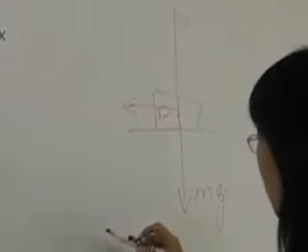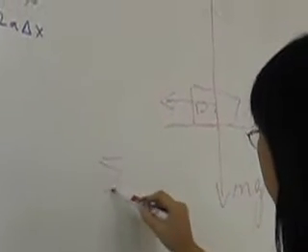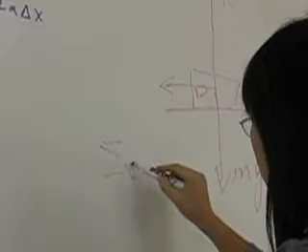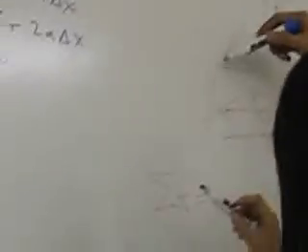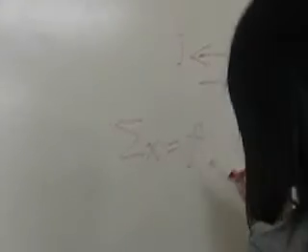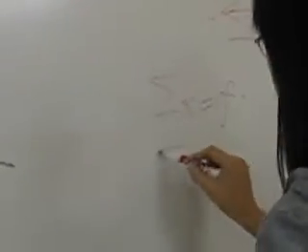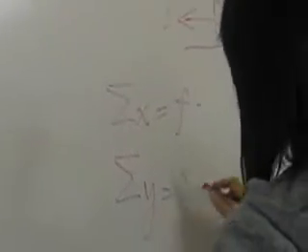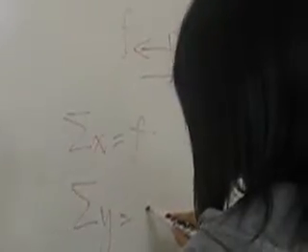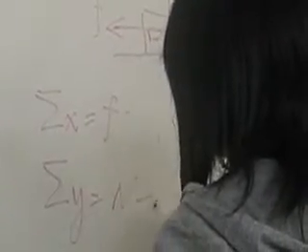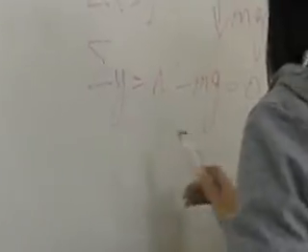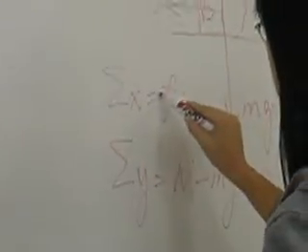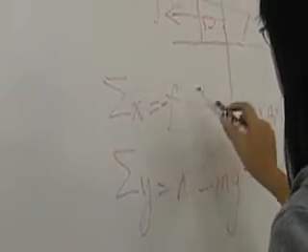The sum of the forces in the x direction is just the friction F. And in the y direction, N minus mg equals 0. Good job, thank you.